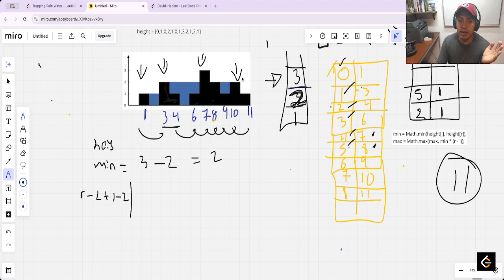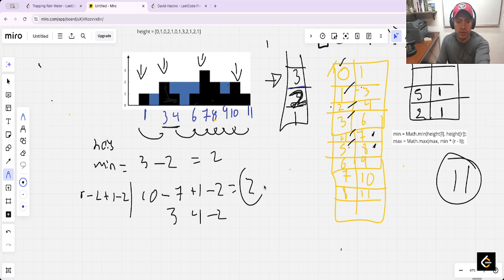The minimum is 1, and we should apply this operation here: 10 minus 7 plus 1 minus 2, and here it is 3, 4 is 2. 3 plus 1 is 4, minus 2, equals 1 and 2. But we should reduce the elements that appear in this map.